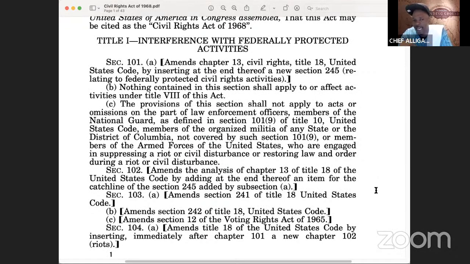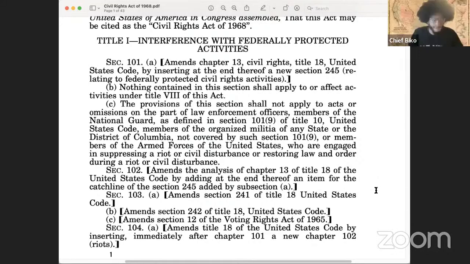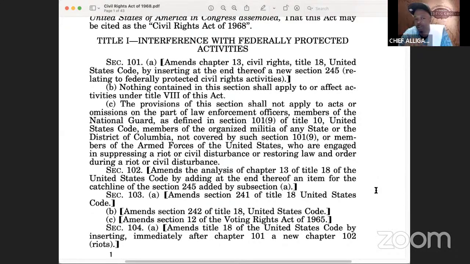So nothing in this act has anything to do with the housing, the fair housing. That's what Title 8 is going to be under here. So those are two key things. The military, the militia, National Guard, any enforcement agency, DEA, FBI, CIA, they ain't studying this. You follow me? Great point.